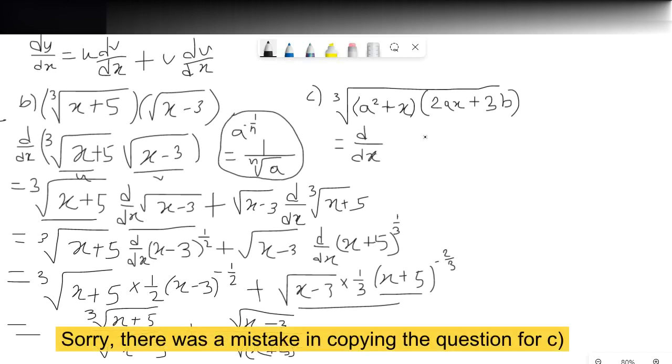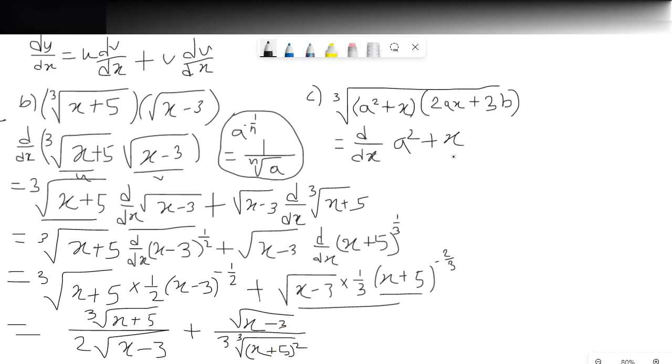For number c, we have to find out d/dx of a squared plus x whole to the power 1/3, writing it in its index form, multiplied with 2ax plus 3b.